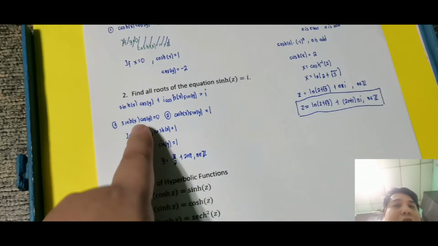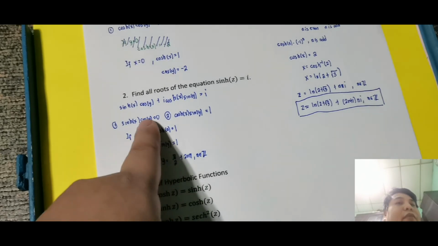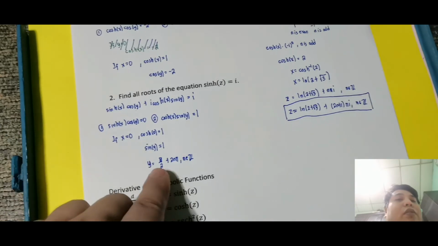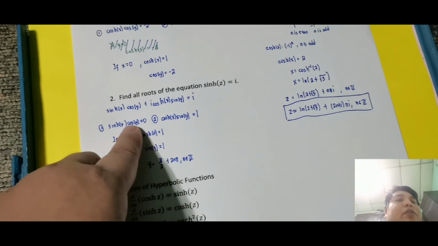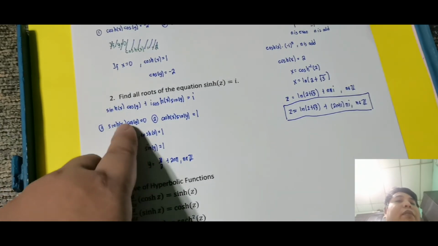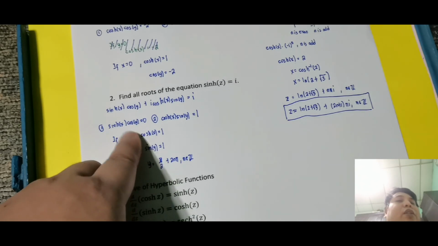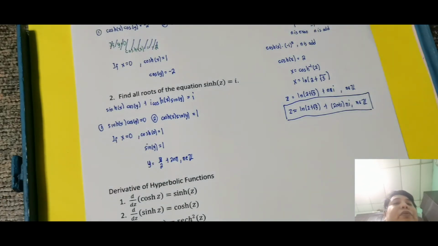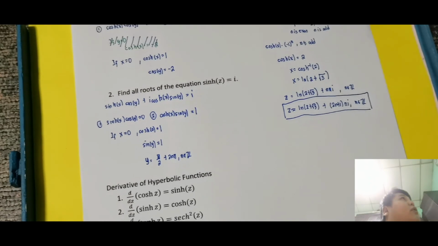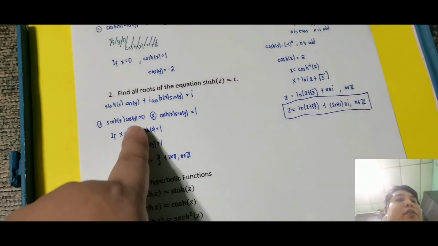So palit natin doon. Check natin ha. Itong cosine ng pi over 2 plus 2n pi, that is always, ano yung value? Cosine of pi over 2, that is always 0. Tama no?